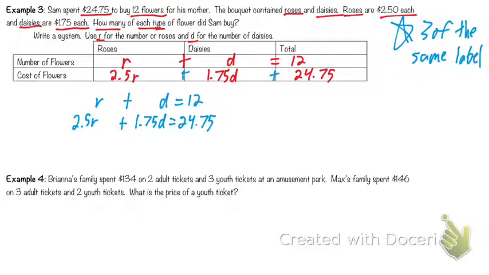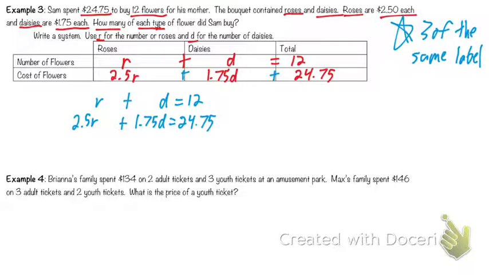Okay? So for elimination, we would need to eliminate either the R or the D. What would we have to multiply by to get rid of the R's? Negative 2.5. What about the D's? Negative 1.75. Now, what would you guys rather multiply? Negative 2.5 or negative 1.75? Okay, I think most of us would say 2.5, right, rather than 1.75. Less decimals, less tricky. 2.5 versus like 1 3/4. That gets messier, okay? They're both not perfect, but that one's less messy.